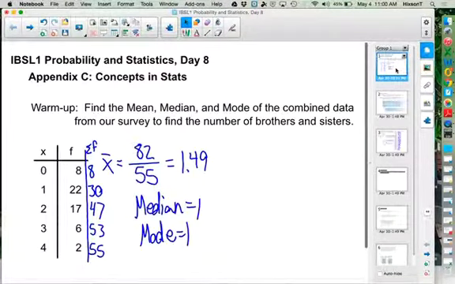Now, one challenge here. Let's go back to this. What's going to be one challenge or thing that you have to remember if you are finding the standard deviation of this data here, where we're given a data point and a frequency?